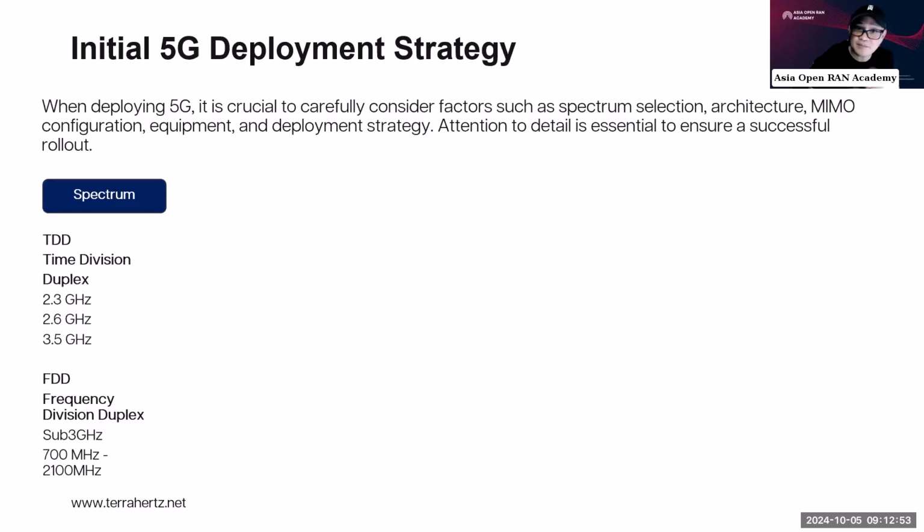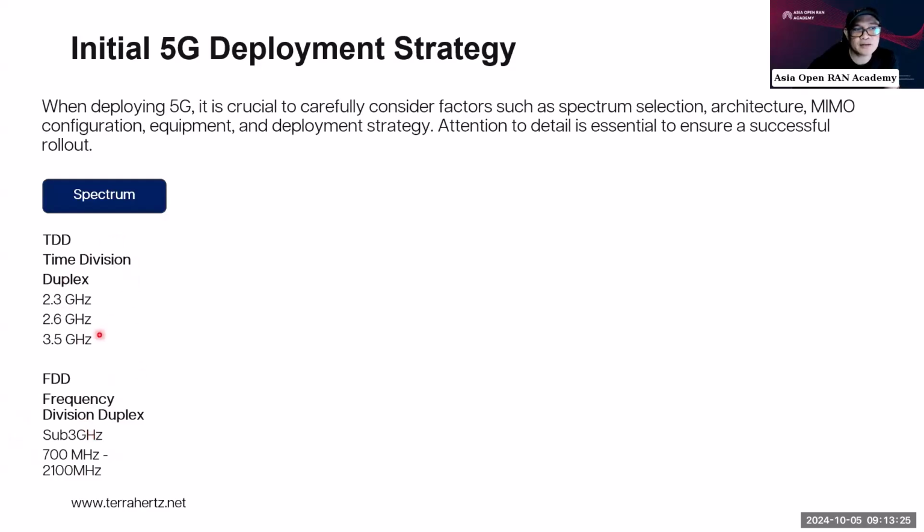Unlike here sa Pilipinas, maraming frequency ang mga operators. But in some operators that I have seen in different countries, like for example in one country in Southeast Asia, meron silang problem sa spectrum. Wala silang frequency na na-award pa. No? So you can choose 2.3 gigahertz, 2.6, 3.5, or the sub 3 gigahertz, 700 or 2100 megahertz. So if you deploy in these frequencies, you will deploy a FDD.